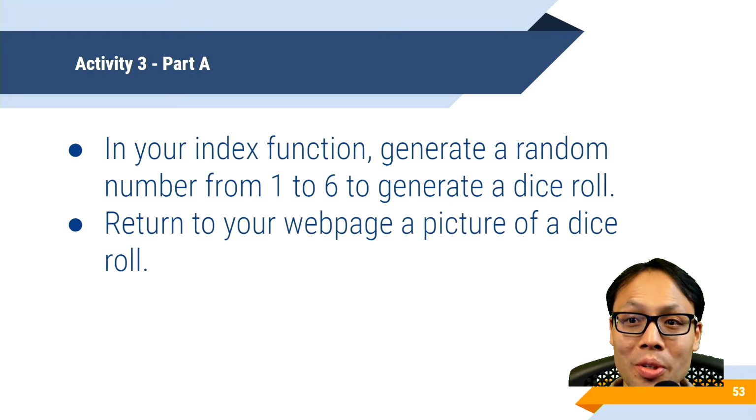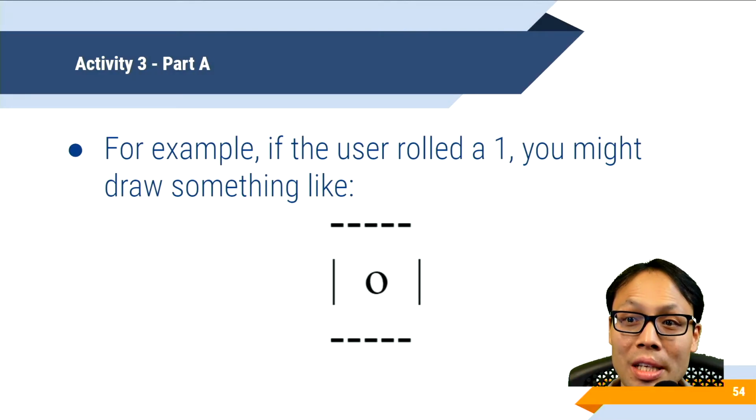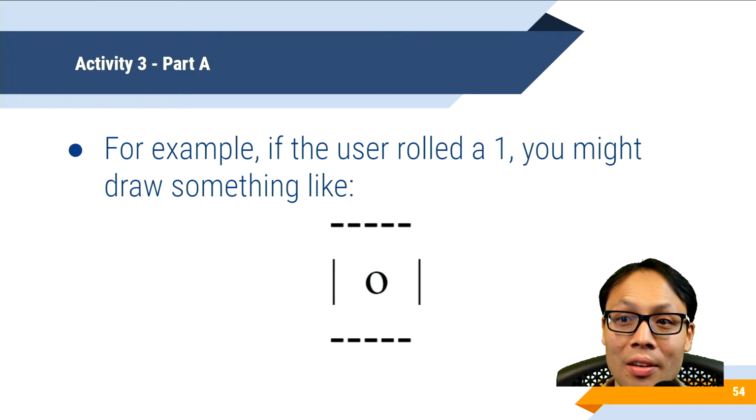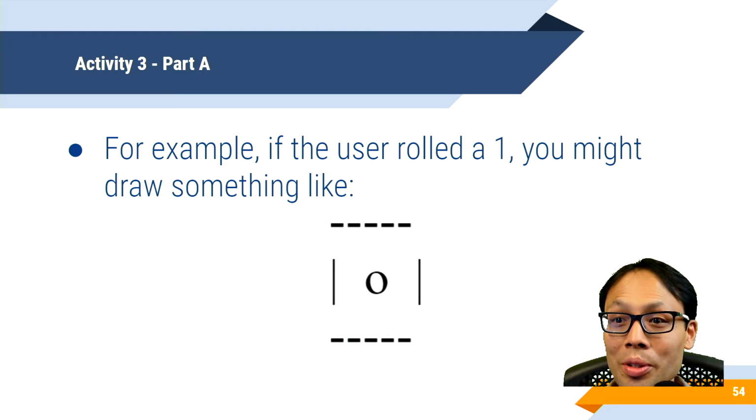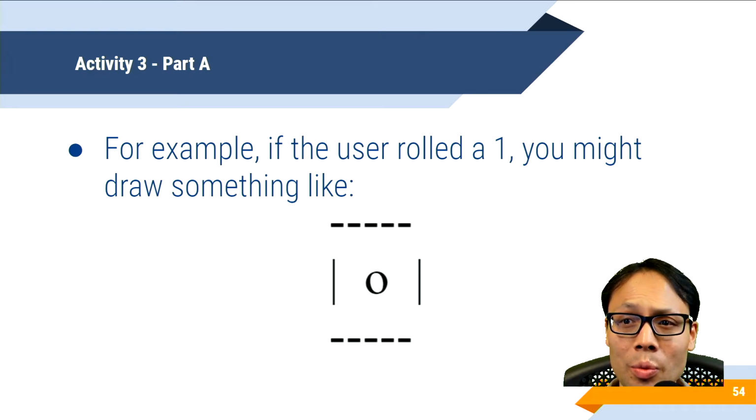And then I want you to return on your web page a picture of a dice roll. So for example, if when you went to the web page the random number that was generated was 1, you might draw something like this.